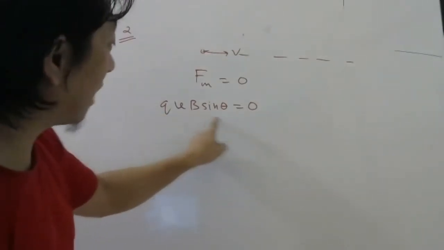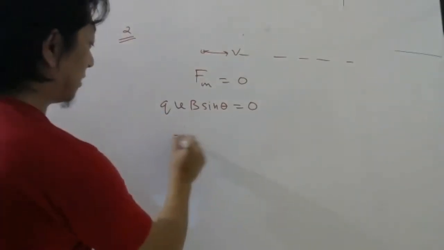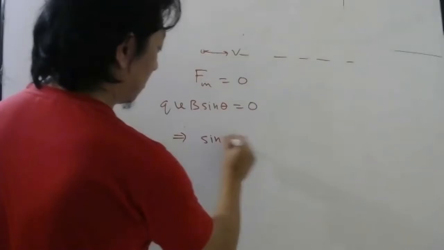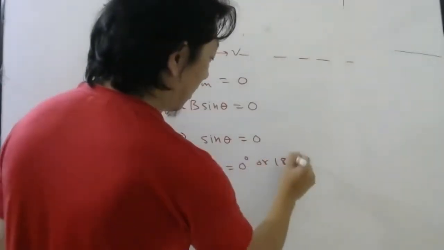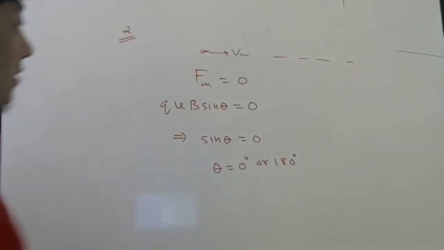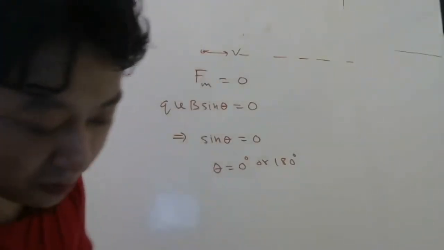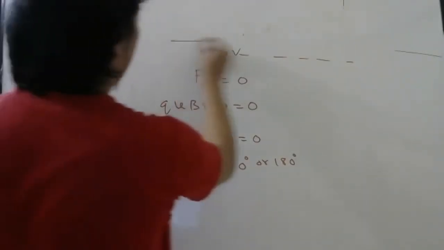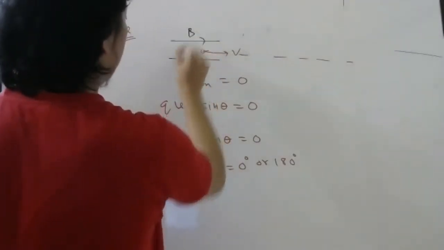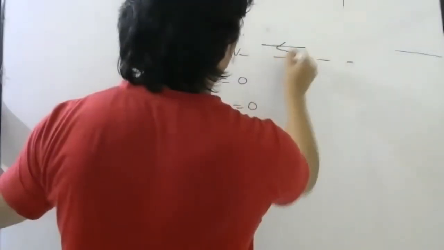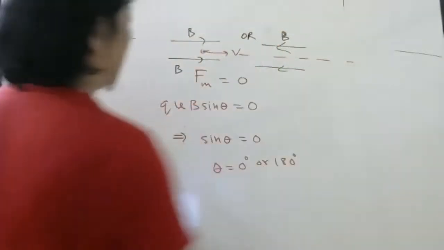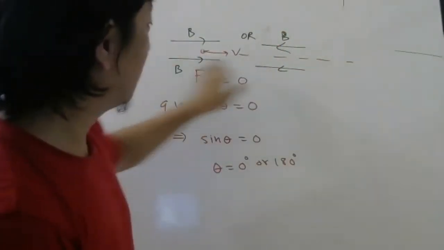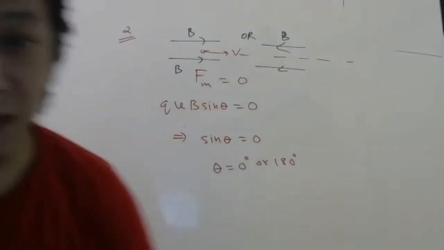So qvB sin theta should be 0. This implies sin theta should be 0, which implies theta should be 0 degrees or 180 degrees. Which means either they may have applied the magnetic field this way, or they may have applied the magnetic field this way. So in these two cases, the particle will not feel any force.